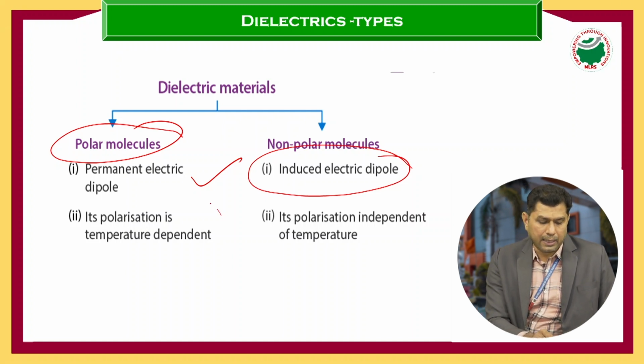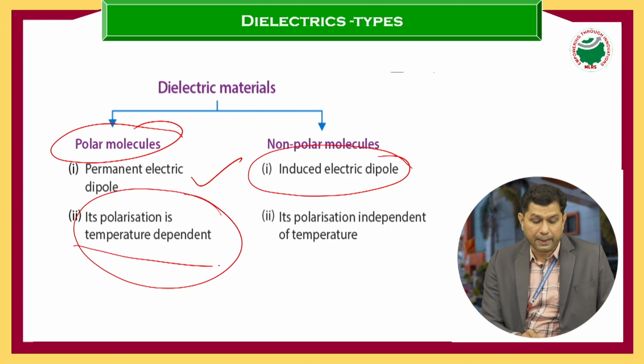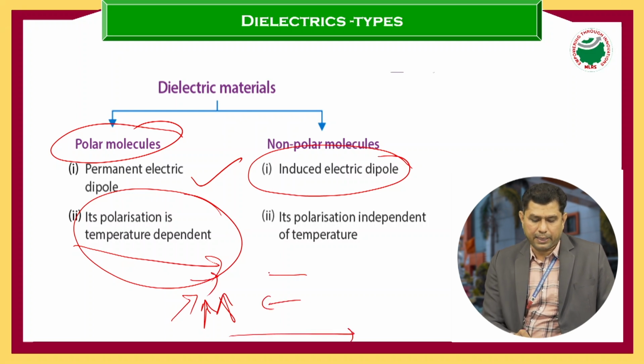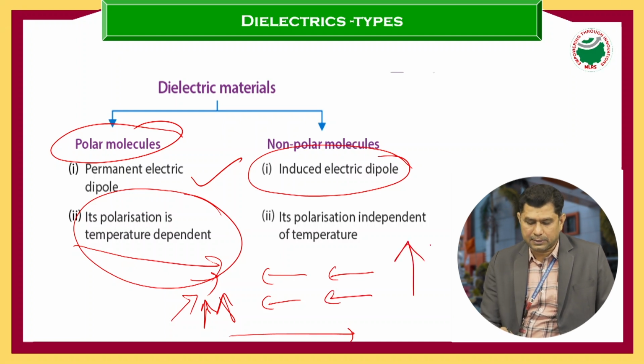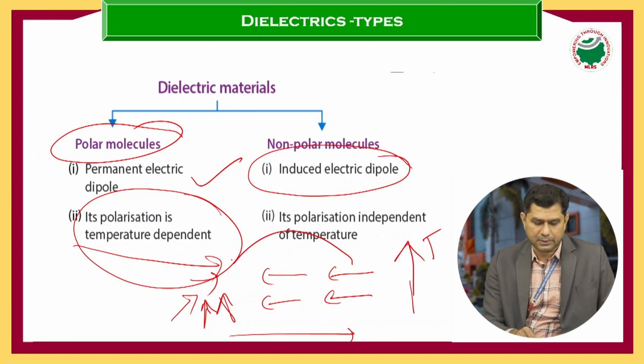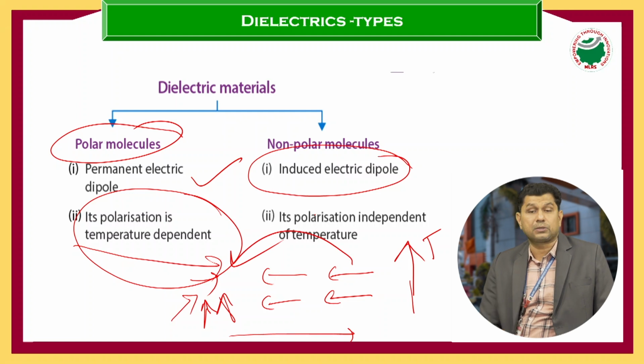In polar dielectrics, polarization is temperature dependent. Randomly oriented dipoles in polar dielectrics, when you apply the electric field, they try to systematically align. Again, if you increase the temperature, they become the same scenario, meaning polarized to non-polarized.